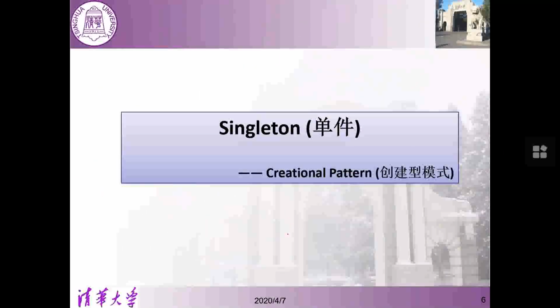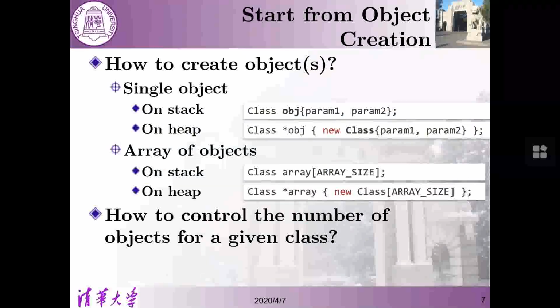Okay, the first one is the creational design pattern. Creational means it will create objects. Here's an example we already learned before.